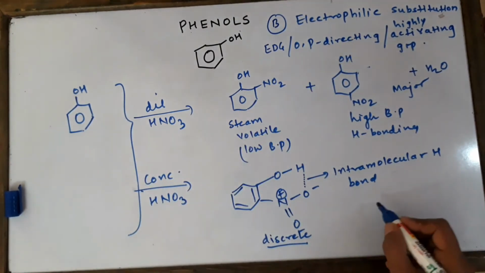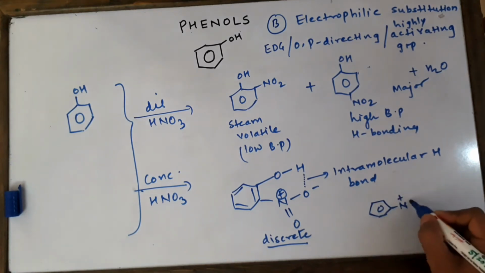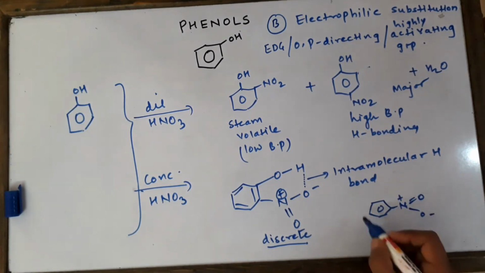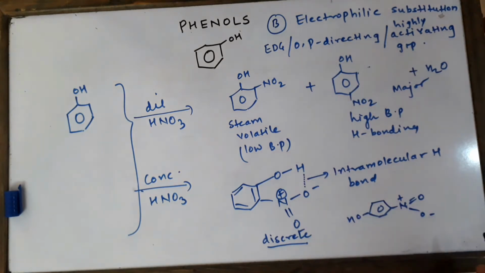But in the case of para-nitrophenol, if you just draw the structure this way, then you will find that it has got intermolecular hydrogen bonding. So if I just draw it this way, the 2 groups are so far apart, they cannot make a bond with each other. Okay, so they have to search for another hydrogen from the other molecule and bond with it. So I'll just draw it this way, NO2 and all that.